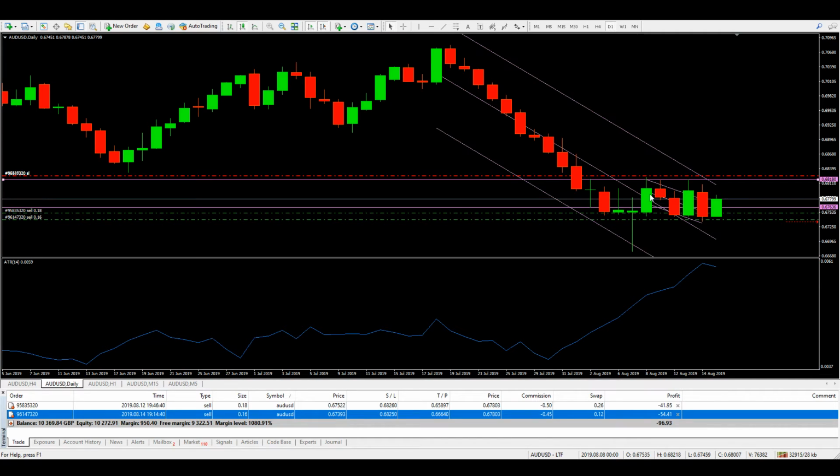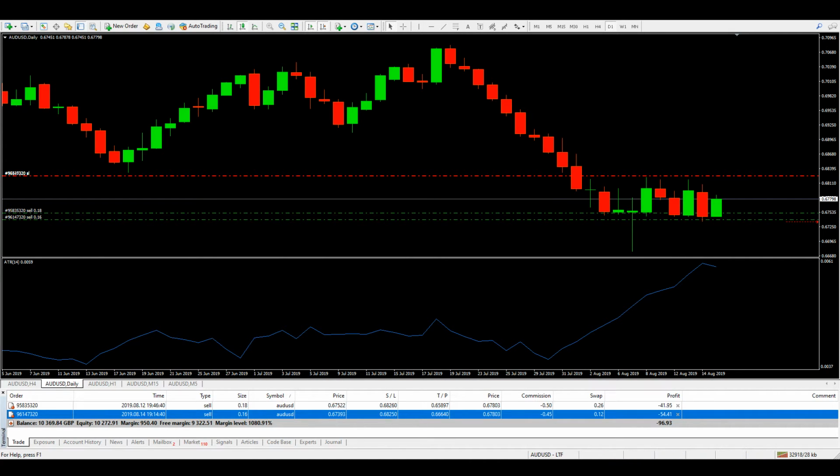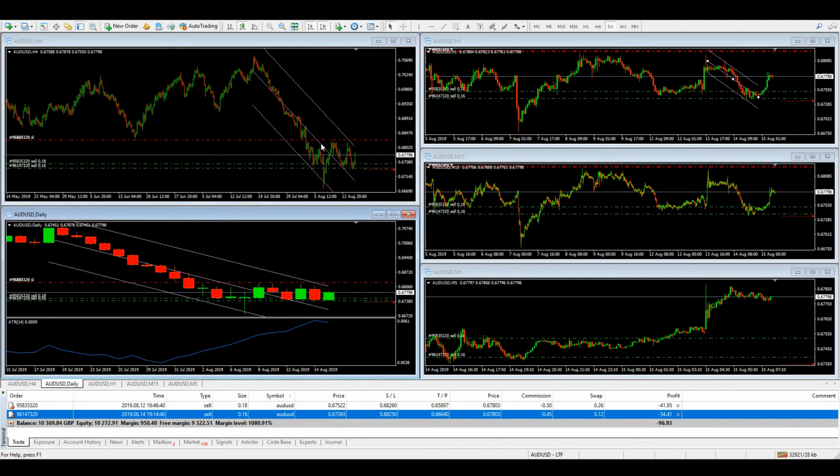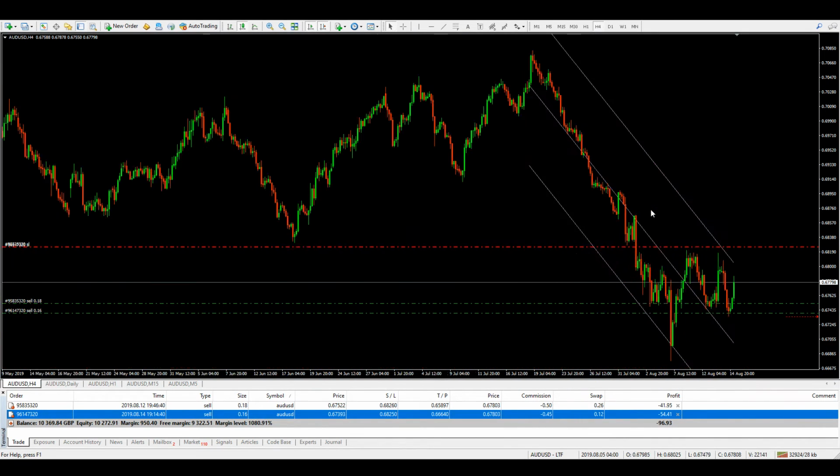If we look also to the 4 hourly, sorry, these charts are starting to look a bit messy. Don't like to have too many things on there that are distracting, so let me just delete those and put on what's important. So the 4 hourly as well, we can see this move.